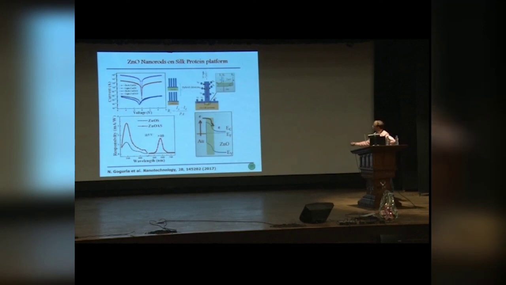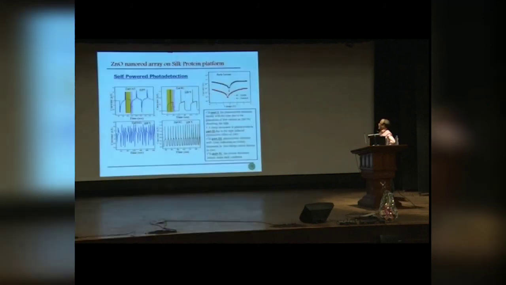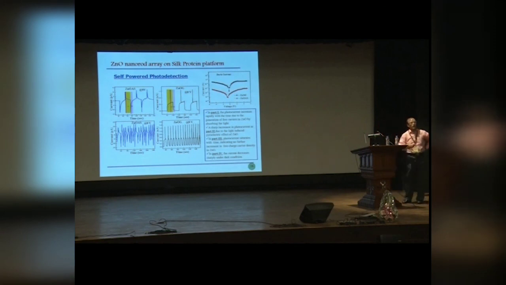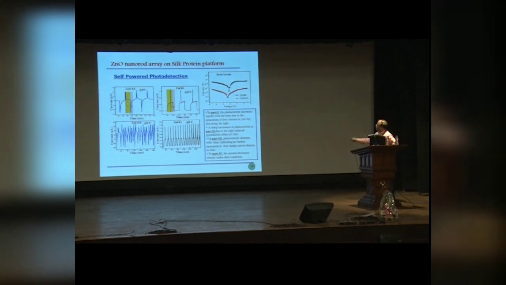The responsivity is increased both in the visible as well as the ultraviolet absorption range. We get very sharp transient pulses in the zinc oxide in these cases. If you do pulse measurements, we have seen this is zinc oxide silk with gold nanoparticles. This is pure zinc oxide with gold, and of course these are nanorods on a pure glass substrate.